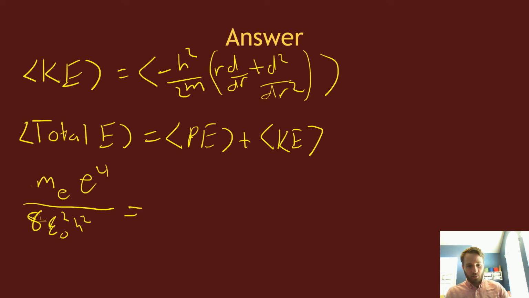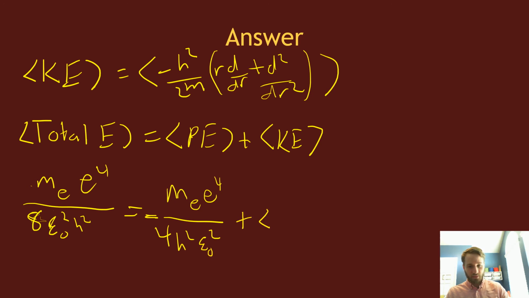We found the average potential energy, which was the mass of the electron, e to the 4th, over, not 8, sorry. While recording these things, I can't really go back to the previous slide to see what the value was. It was 4 h squared times epsilon naught squared.